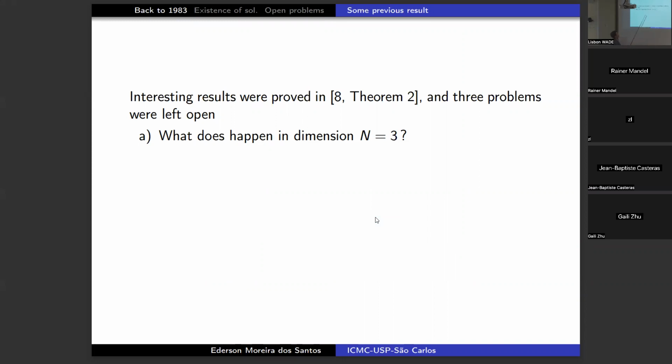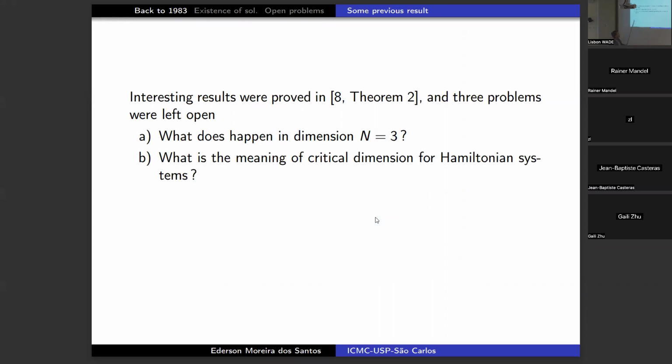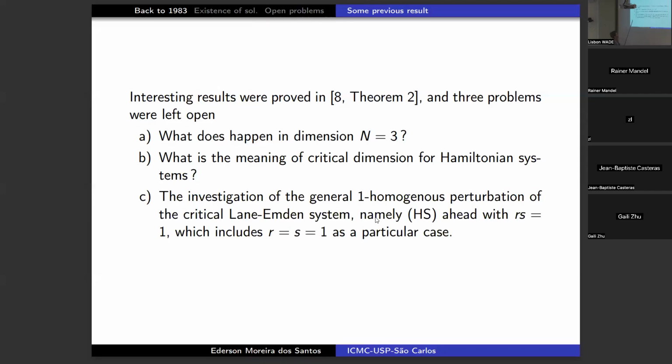But three problems were left open. As I said, what happens in dimension n equals 3? What is the meaning of critical dimension for Hamiltonian systems? And the investigation of the general one-homogeneous perturbation of the critical Lane-Emden system.